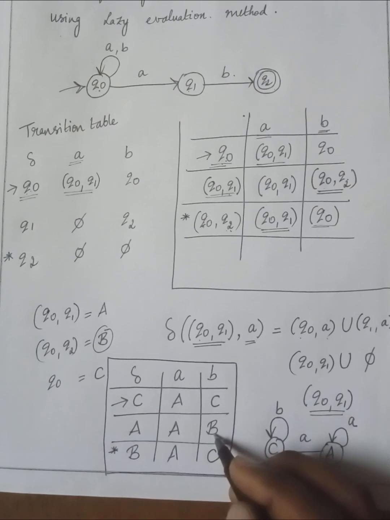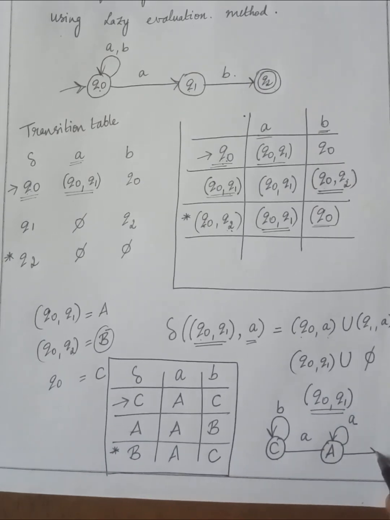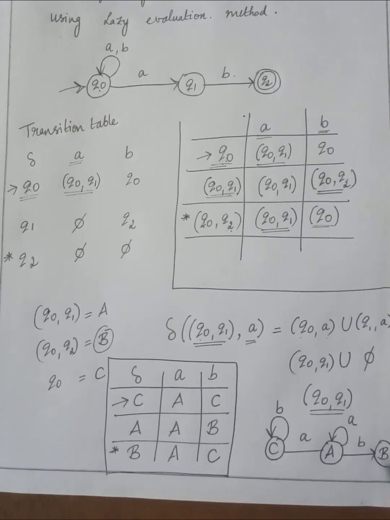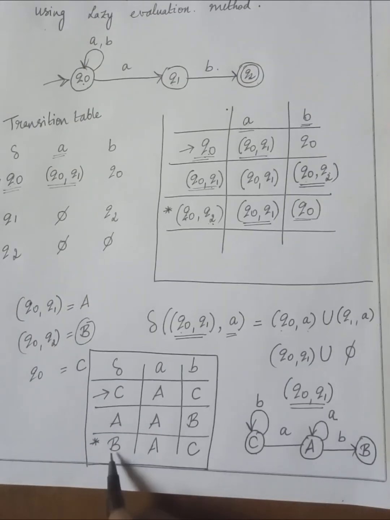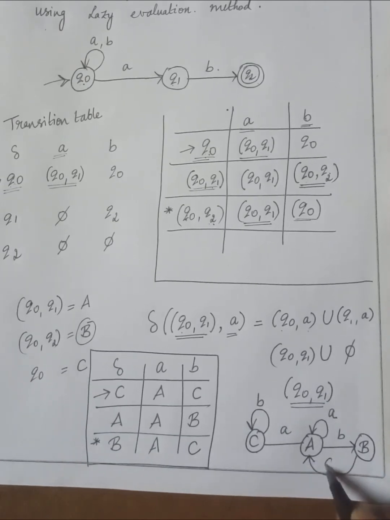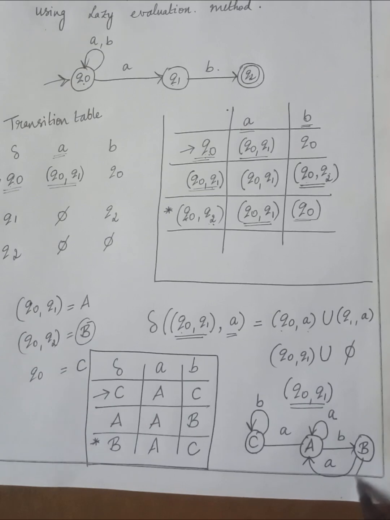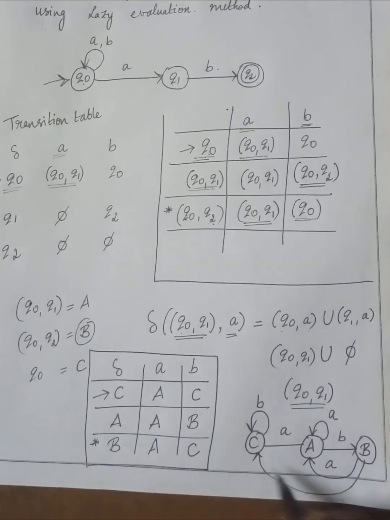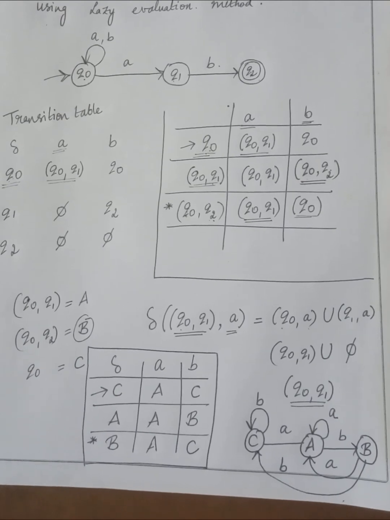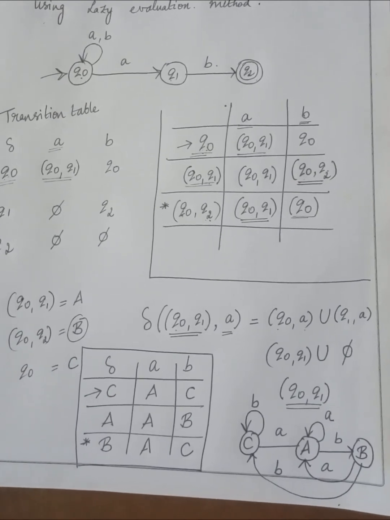A on B goes to the B state. And B on small a goes to capital A state, and B on small b goes to capital C state. Okay, so this is the final DFA for the given NFA.